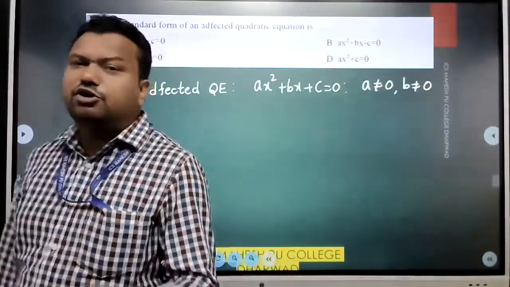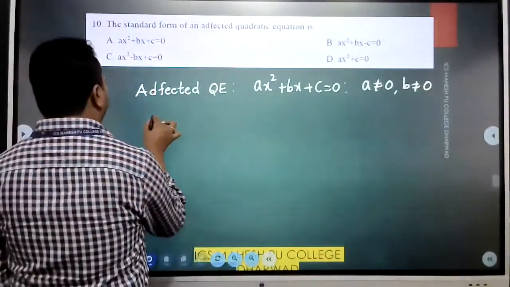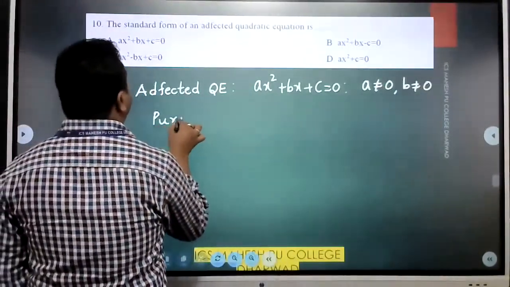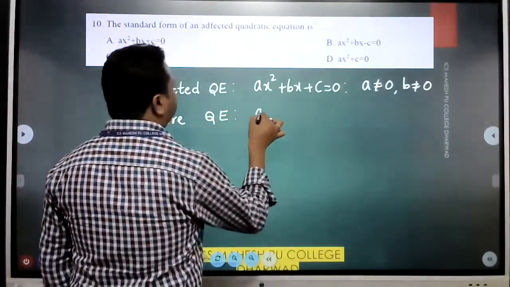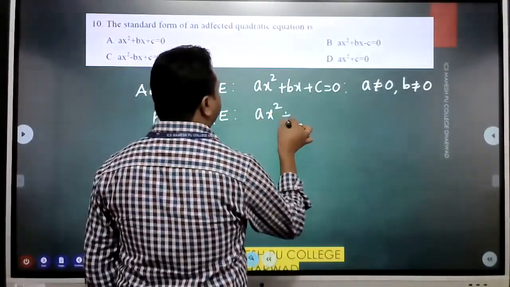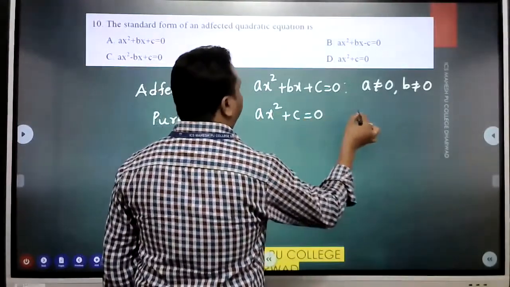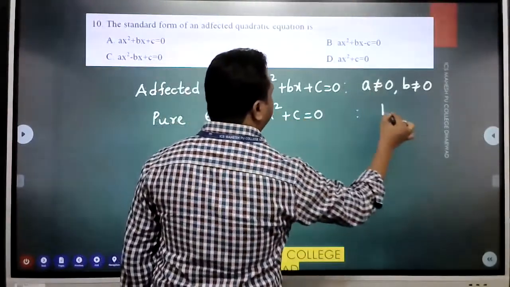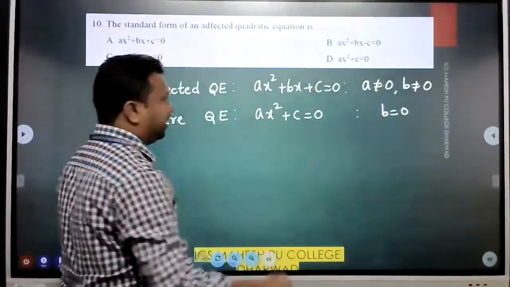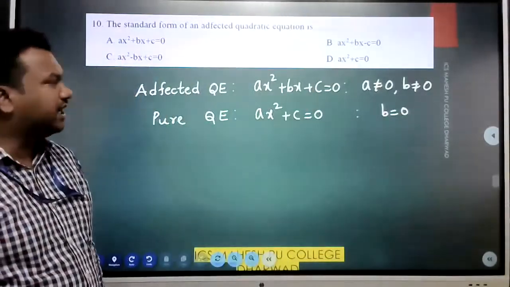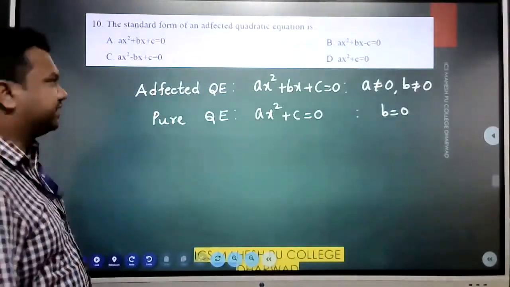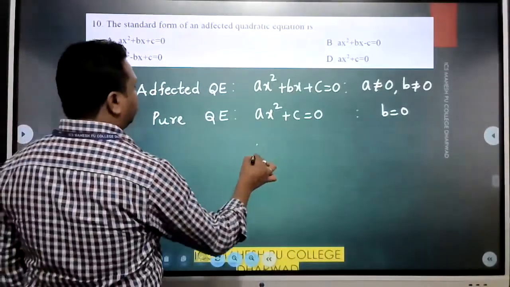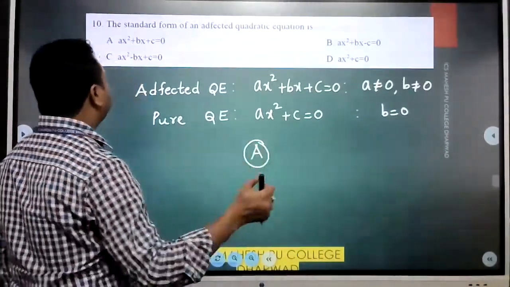What do you mean by pure quadratic equation? I hope you remember. A pure quadratic equation is of the type ax square plus c equal to 0, where in ax square plus bx plus c equal to 0, b is equal to 0. Then we say that it is a pure quadratic equation. So I hope in this case option A is correct.